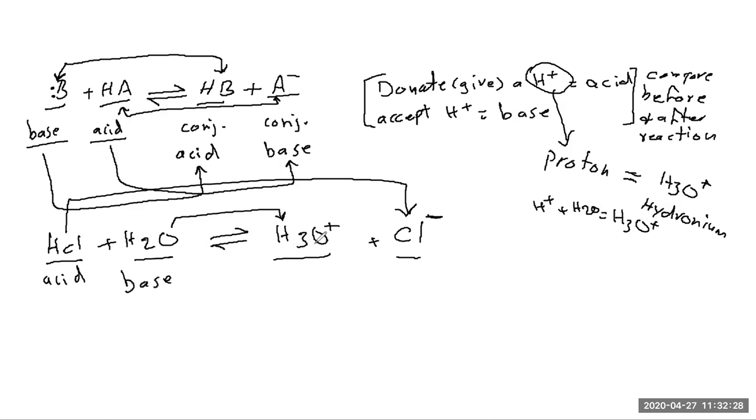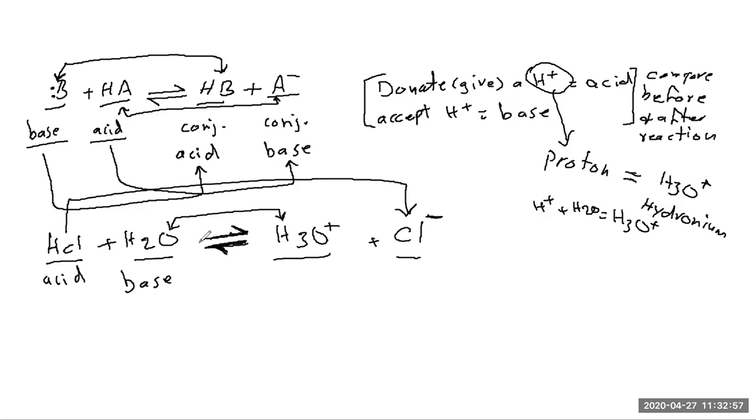Now the opposite, when you compare H3O positive with H2O, H3O positive gives a proton. As I said, when you are working with the conjugate acid and base in the products, you compare in the opposite direction. In this type of reaction, you can see there are two directions for the arrow.